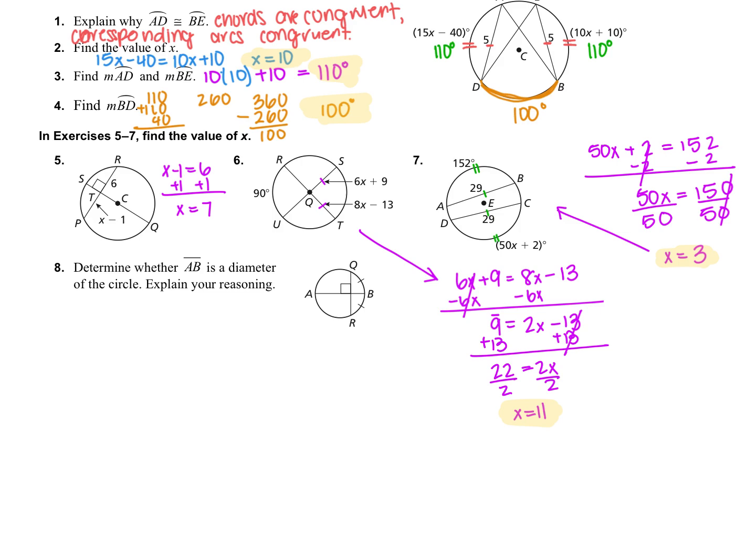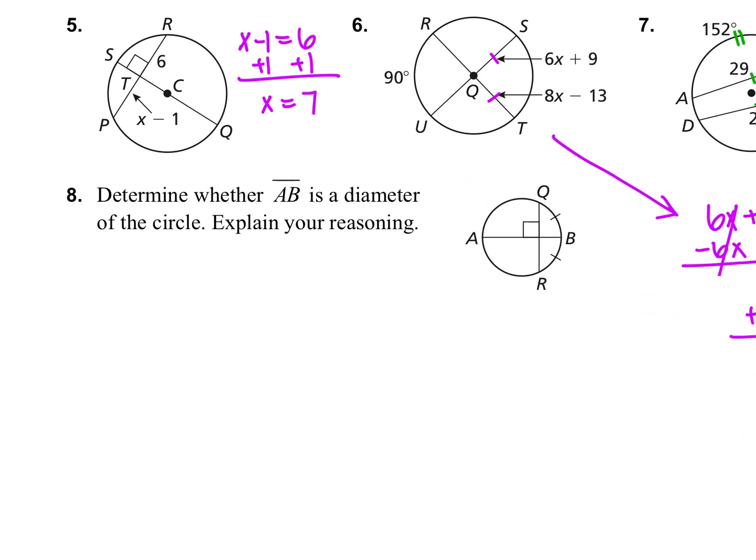No? All right. 8, determine whether AB is a diameter of the circle. How can I tell if AB is the diameter of the circle? Yes. Okay, not only a right angle. There's another word you have to put in there. Perpendicular does mean right angle, but there's something else. Bisector.